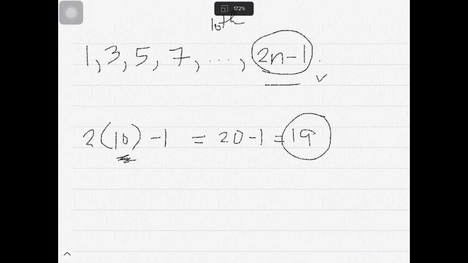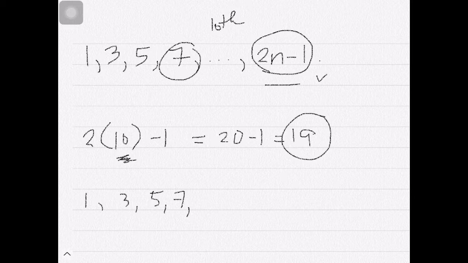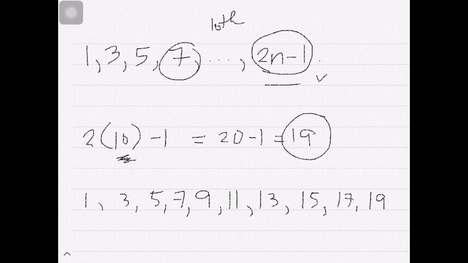Now let's check. If we move along after doing 7 here, let's have that one here: 1, 3, 5, 7, the next would be 9, yes, plus 2, that would be 11, plus 2, 13, 15, plus 2, 17, and yes, there really is 19 there.